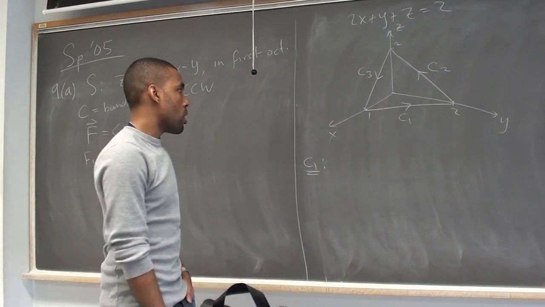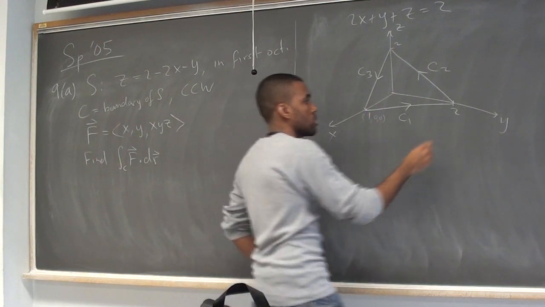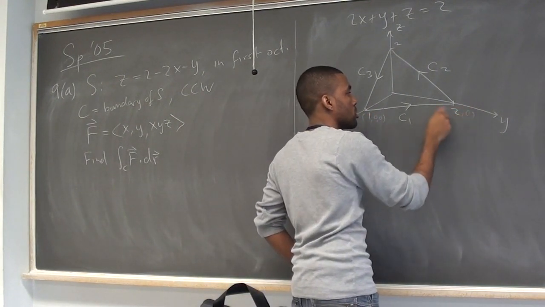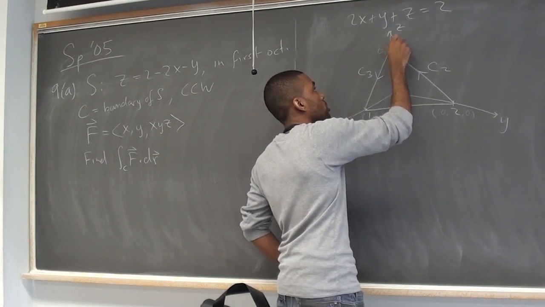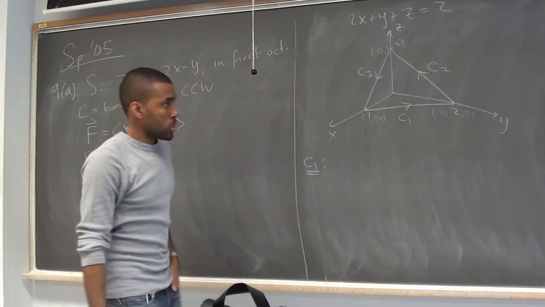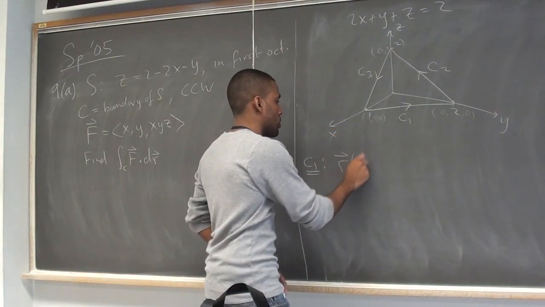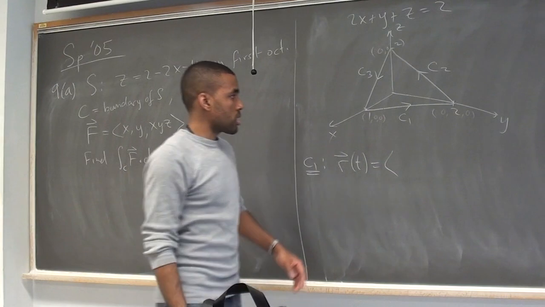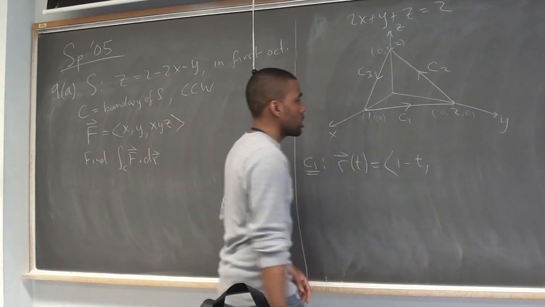So if I do C1, this is going from 1, 0, 0 to 0, 2, 0. This is 0, 0, 2. So look at my x coordinates. My r is going to be a straight line. X goes from 1 to 0, so it's 1 minus t.